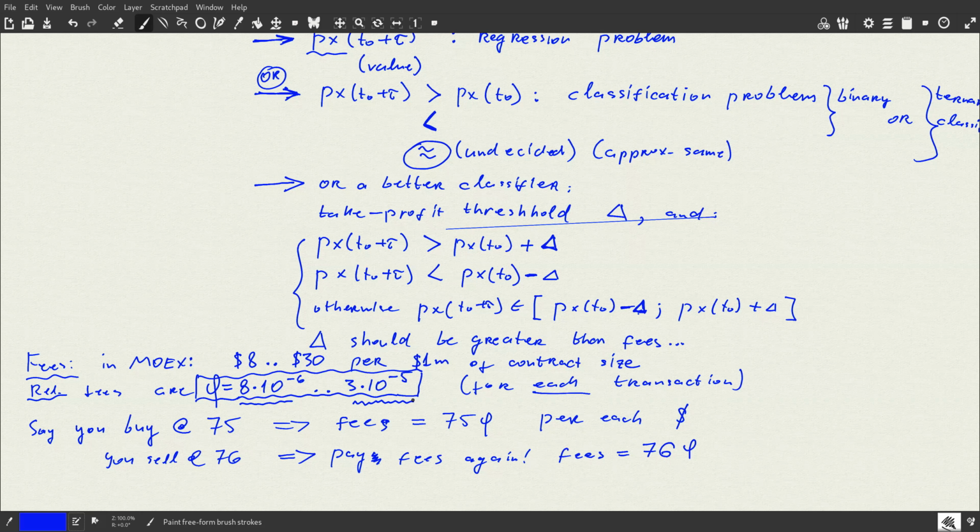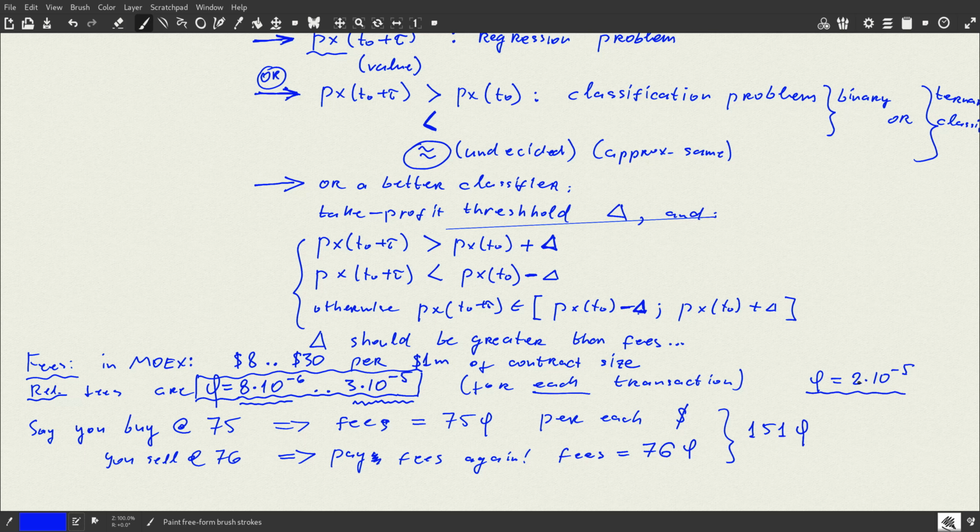So altogether, unfortunately, you pay the fees of 151 times phi. How much is it? Suppose that phi, for the sake of the argument, is, let's say, 2 10 to minus 5, which is about the reasonable minimum you can get.